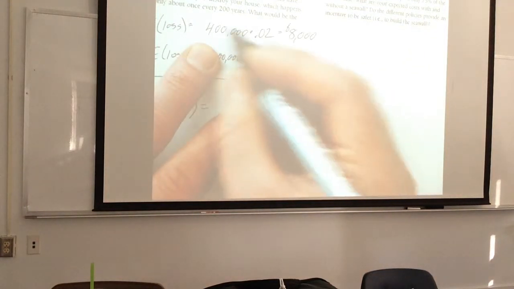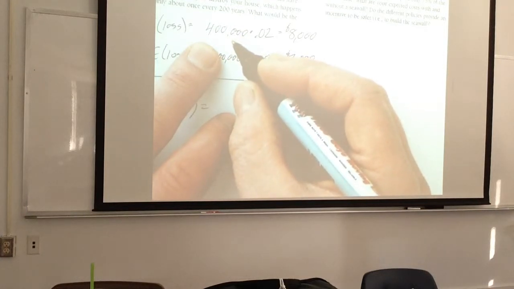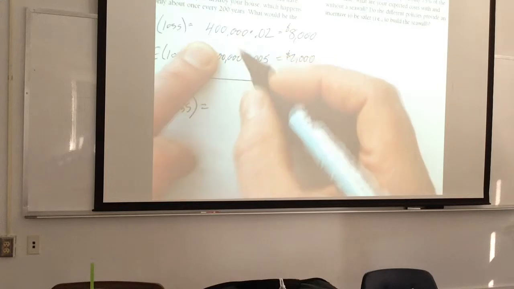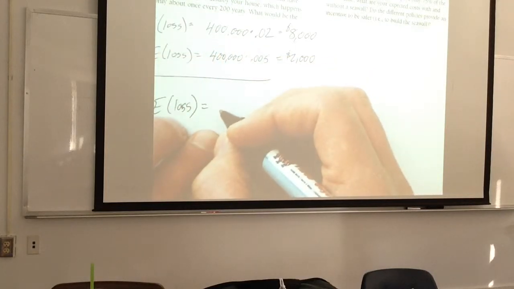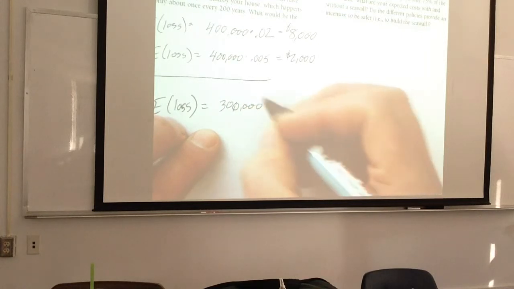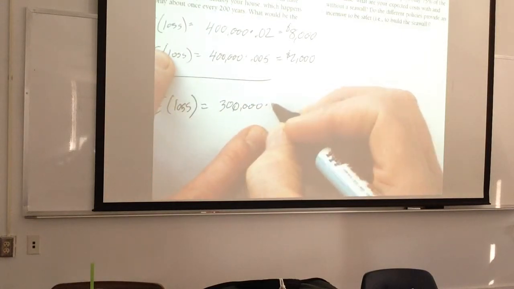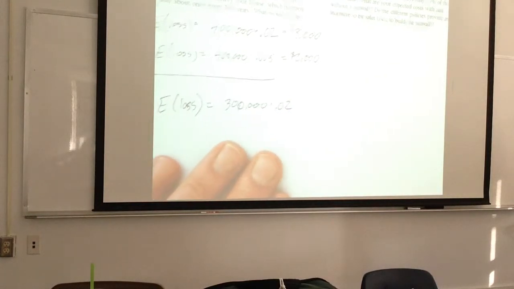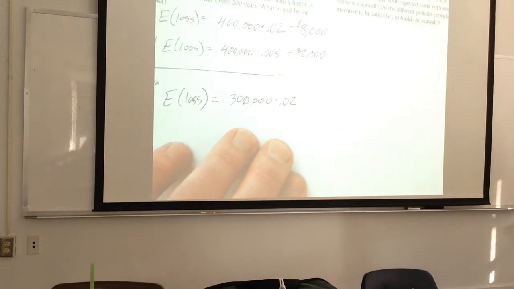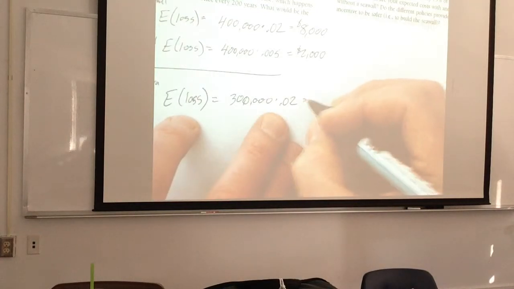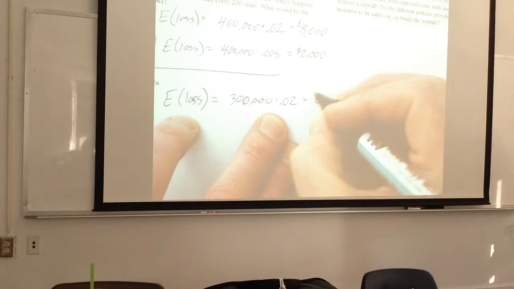So that's our first step here, that the insurance company is only going to lose 300,000 in this event. So they have a 2% chance of losing 300,000. And so they get a $6,000 expected loss.